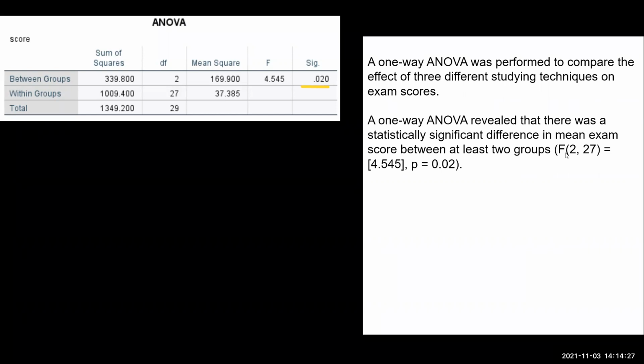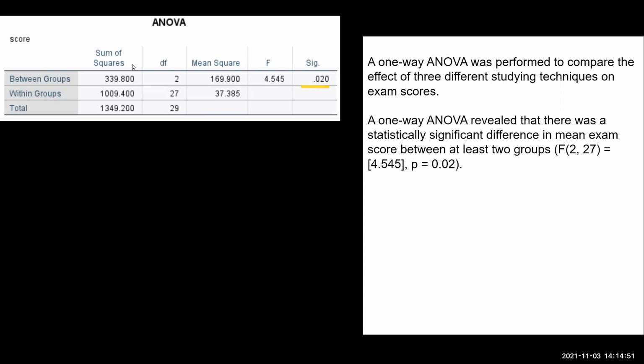And here again, you can see that the F statistic is reported with 2, 27, which is 2 is the between groups degrees of freedom. You can see it over here. And 27 is the within groups degrees of freedom. So most likely this study had 30 students, and the degree of freedom is usually n-1.